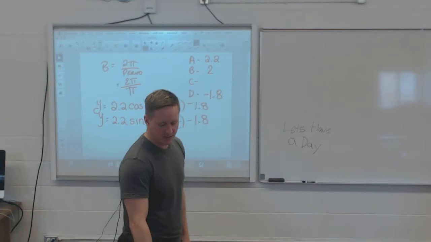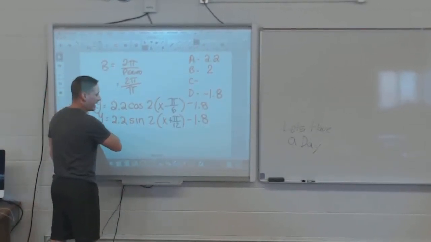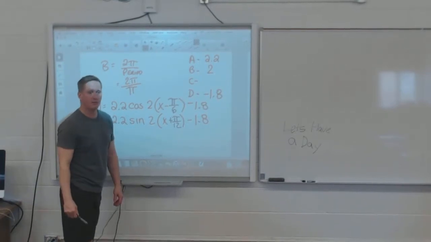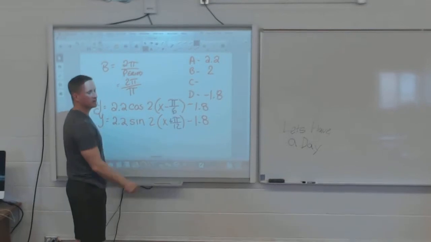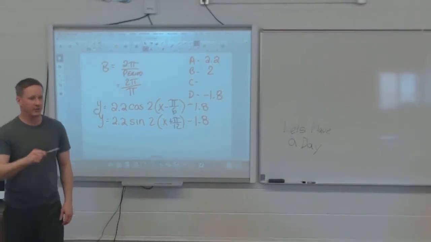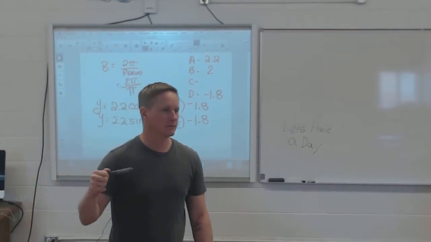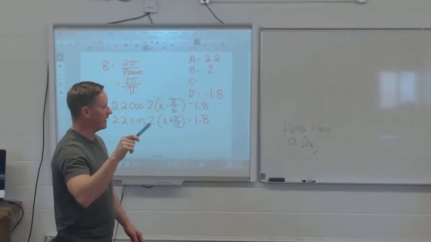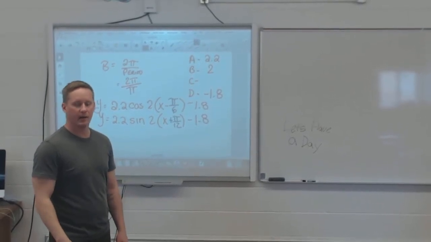Alright, so the sine one is not that easy for this graph. But again, if you're unsure of yourself on a test, put both of those into the calculator, and if they're not exactly the same, then you know you have one wrong. They will give you the exact same graph if you have the right equations.